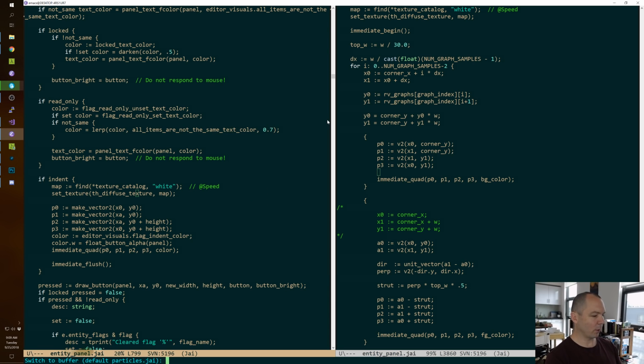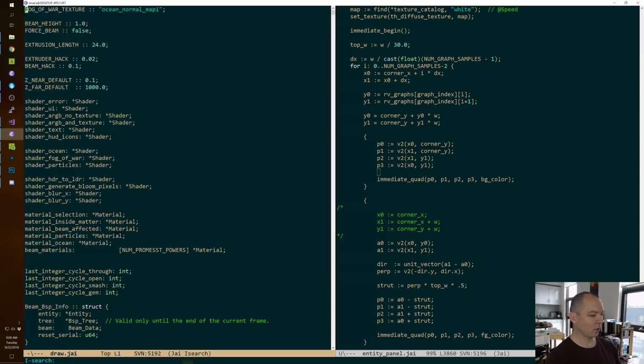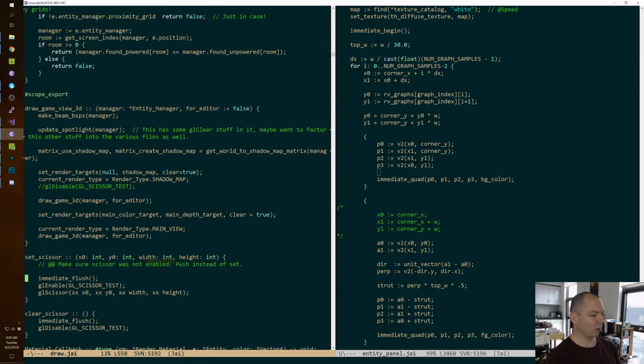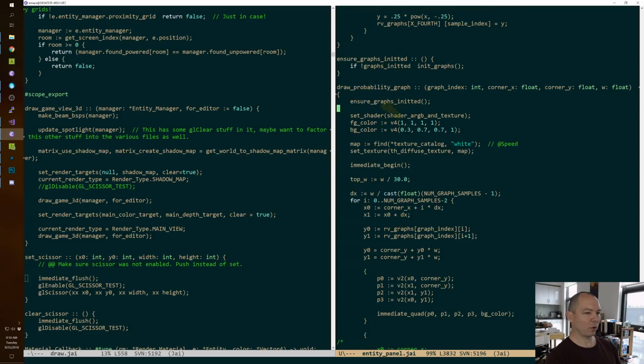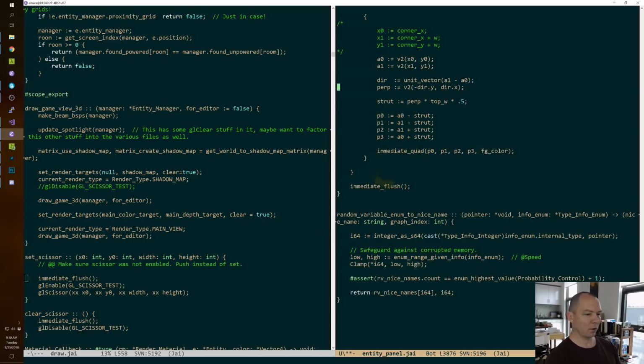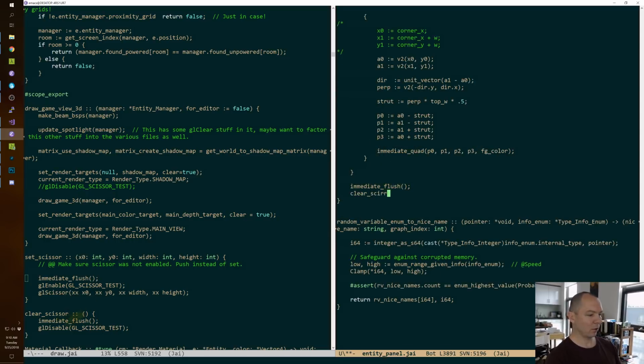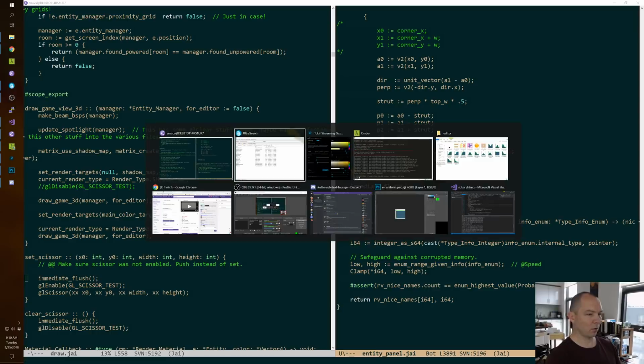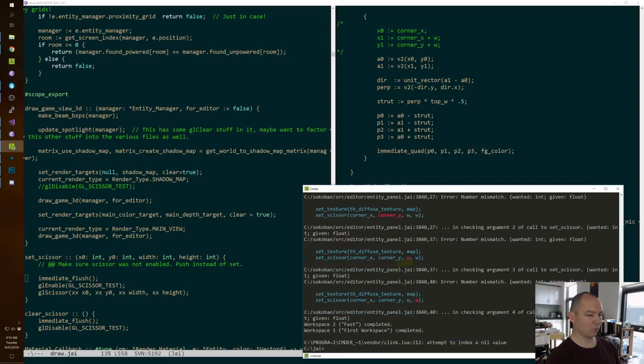I just don't remember what my scissor routine is called. Oh, set scissor and clear scissor. So at the start of draw probability graph, we're going to call set scissor to corner X, corner Y, W, W. And down here, we're going to say clear scissor.